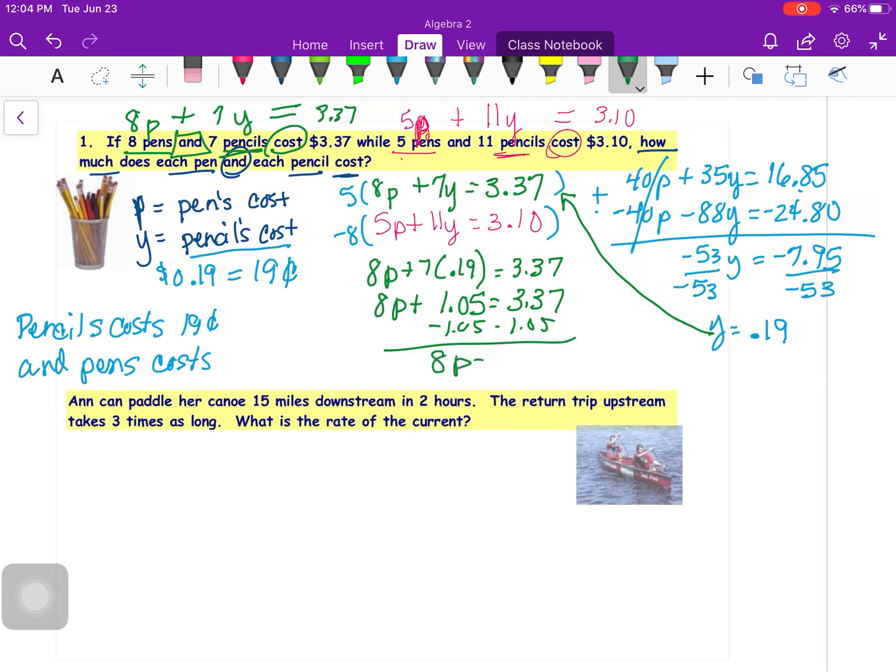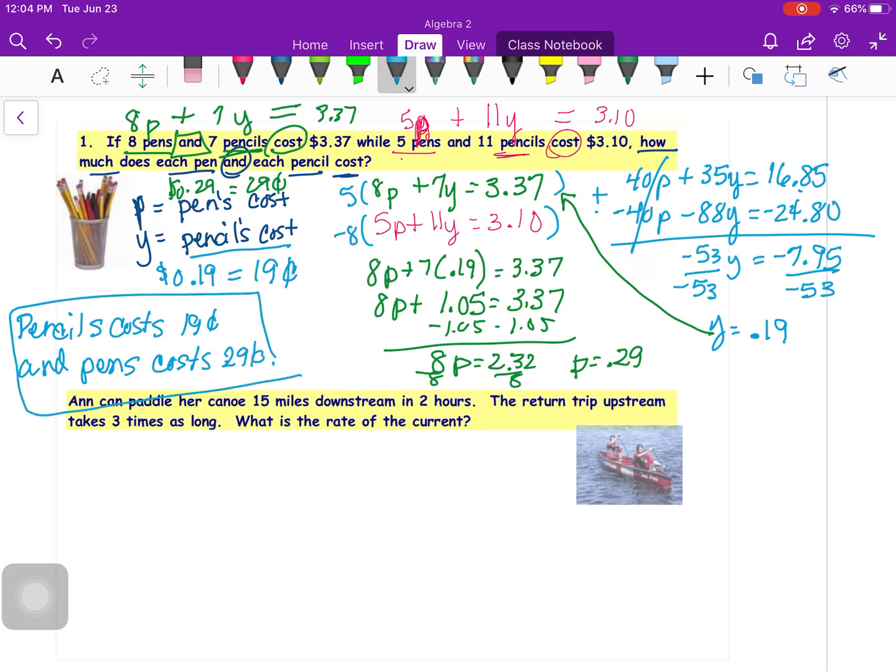Subtract 1.05. 8p equals 2.32. Divide by 8. I get P equals 0.29. So this would be $0.29 or 29 cents. So a pen's cost is 29 cents.